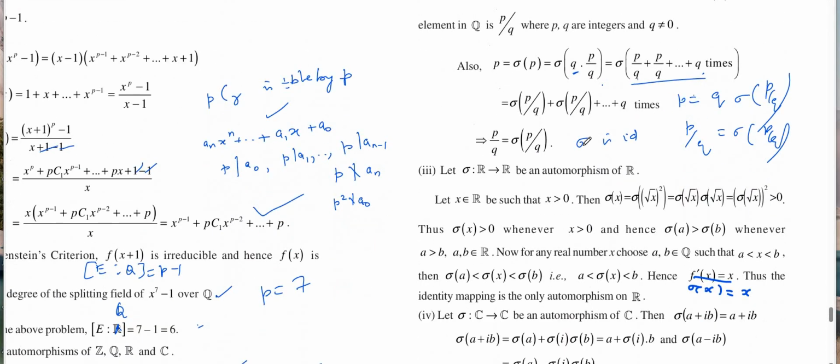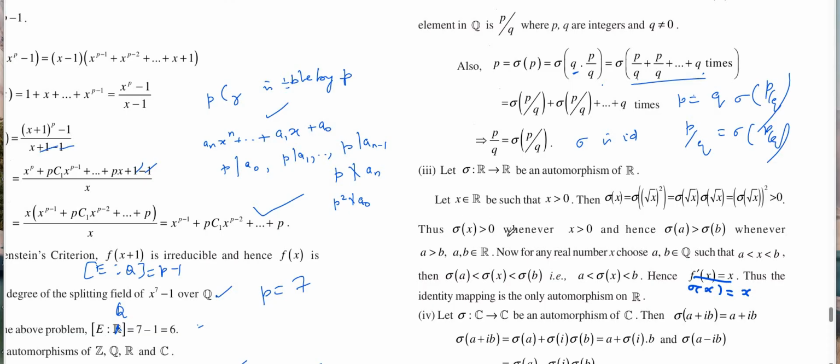Next, we have real numbers. Let x belonging to R be such that x is positive. Then sigma of x you can write as sigma of root x the whole square. Sigma is an automorphism, which again, as before, we need to determine. That is sigma of root x times sigma of root x, which is sigma of root x the whole square, and that is also positive.